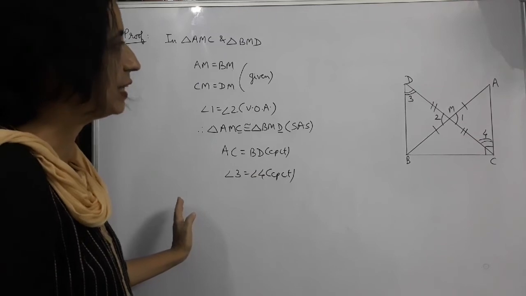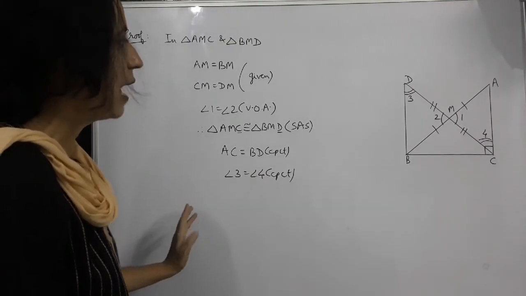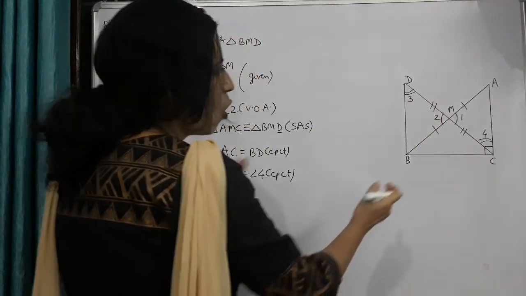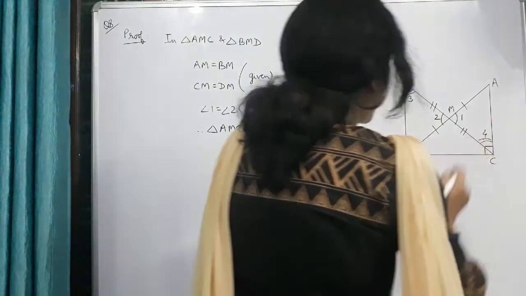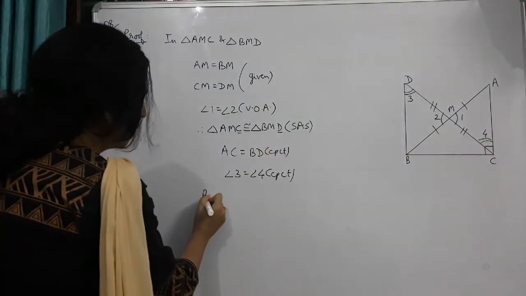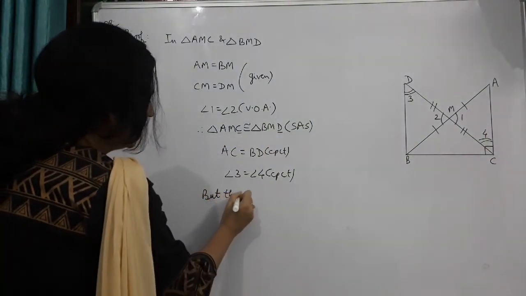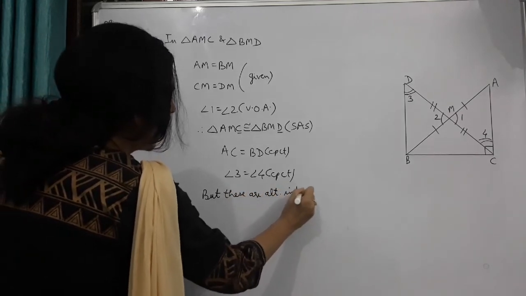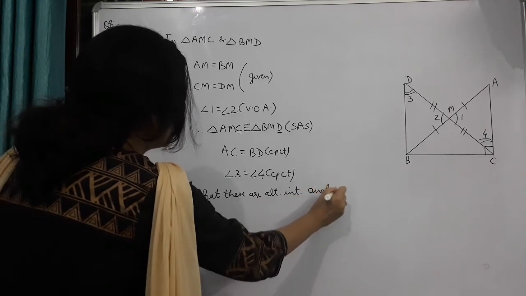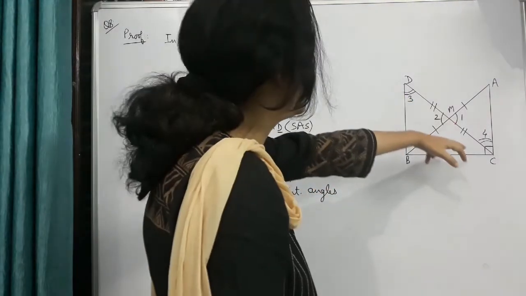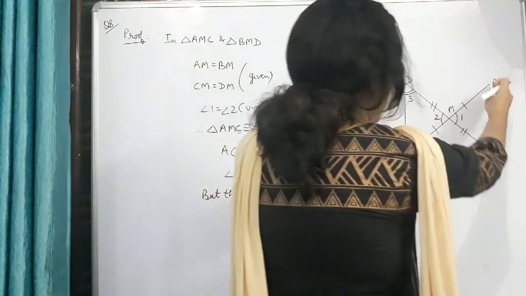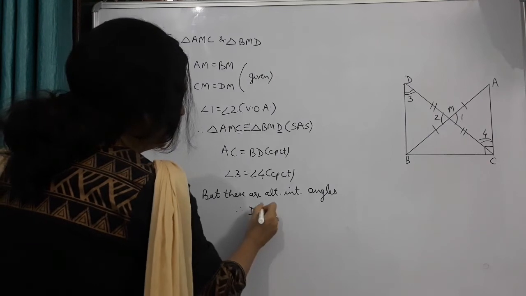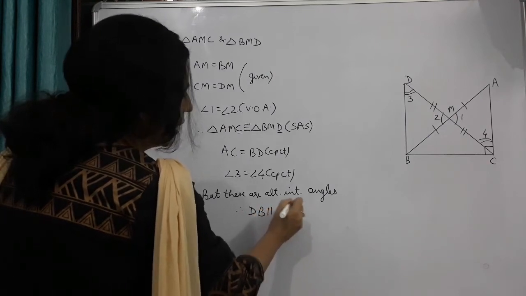Now over here, since angle 3 is equal to angle 4, what type of angles are these? These are alternate interior angles. And we know that if alternate interior angles are equal, then the lines would be parallel. So therefore we obtain that DB is parallel to AC.